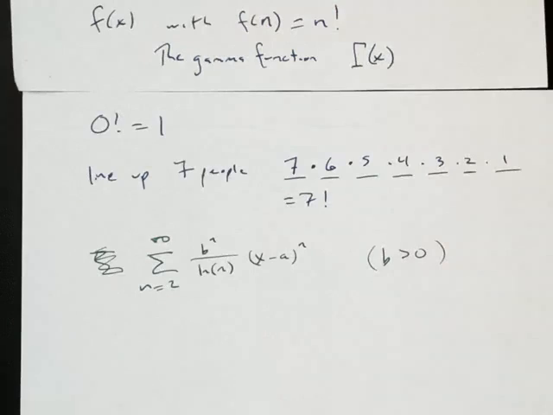Well, we're asking about radius and interval of convergence. Let's do the ratio test. In spite of the fact that there are no factorials in this problem, I think the ratio test is almost always easier than the root test.